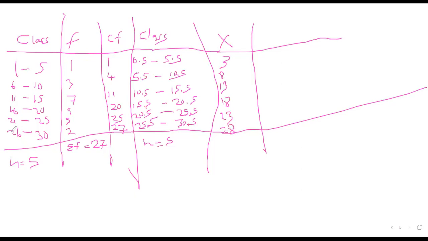It is the same as adding the lower bound and the upper bound divided by 2. You still get the same answer. Squaring these, 9 and 64. You continue until the end.